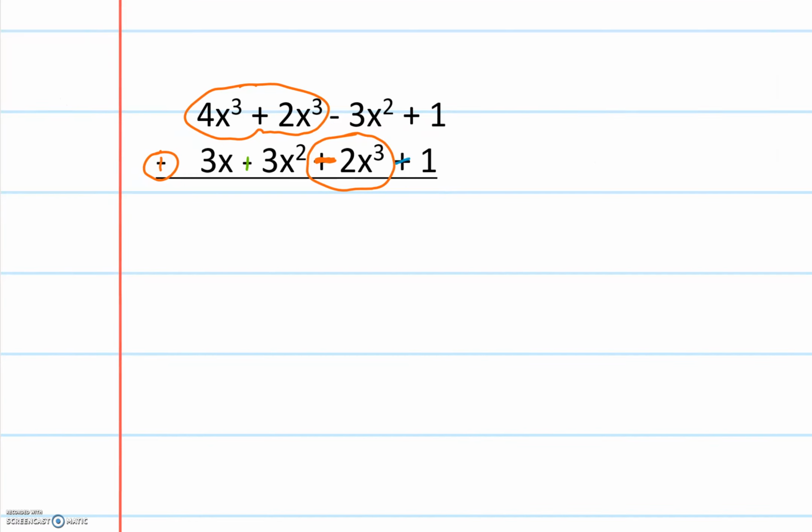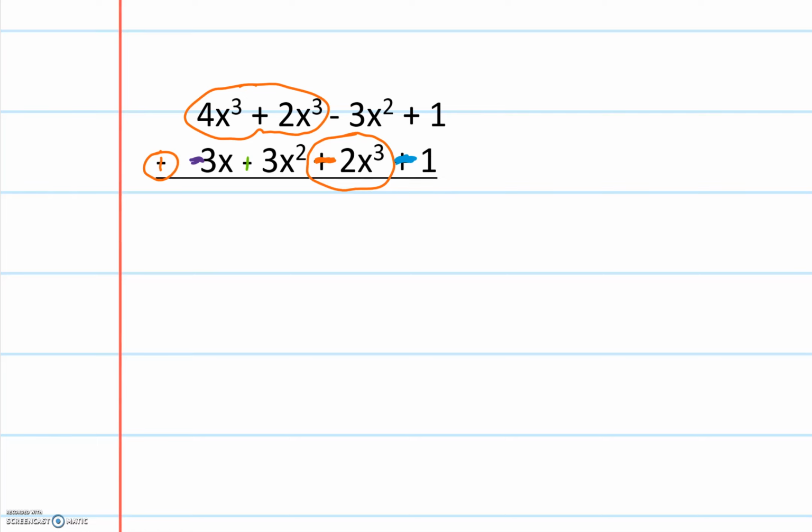This one I'll flip to a negative. This one I'll flip to a negative. Okay, and now that we've flipped all of those different signs, it's the exact same as 5.3, adding polynomials. So if you want, you can look at that if that's challenging for you.